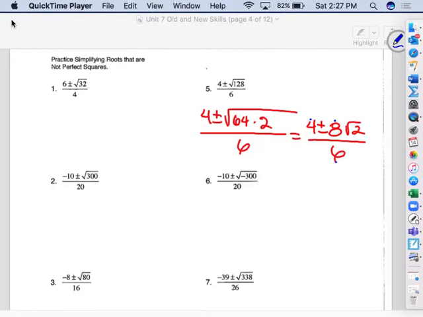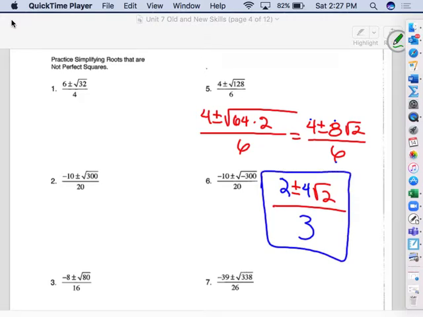All 3 numbers outside of the radical, when the radical is in its most simplified form, all 3 of those numbers share a GCF. I remove their GCF of 2, and then my simplified answer becomes 2 plus or minus 4 radical 2 over 3.